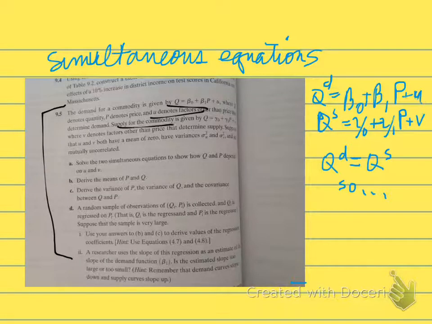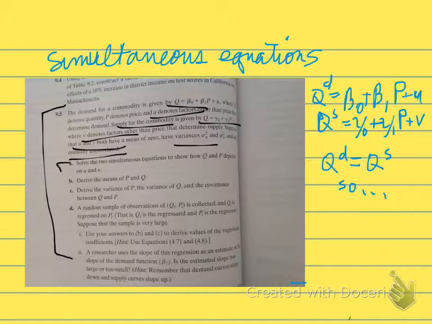The supply for the commodity is given by Q equals gamma 0 plus gamma 1 P plus V, where V is the random factors that determine the location of the supply curve. So we suppose that U and V both have mean 0, variances sigma squared U and sigma squared V, and that they're independent and uncorrelated with each other.